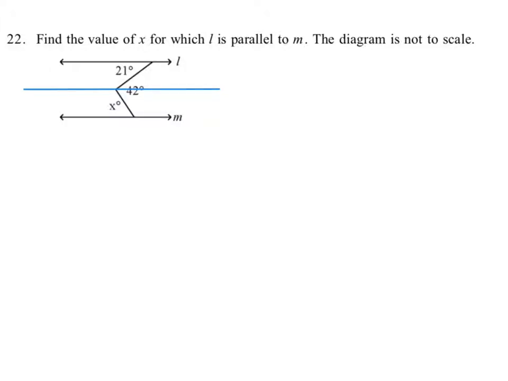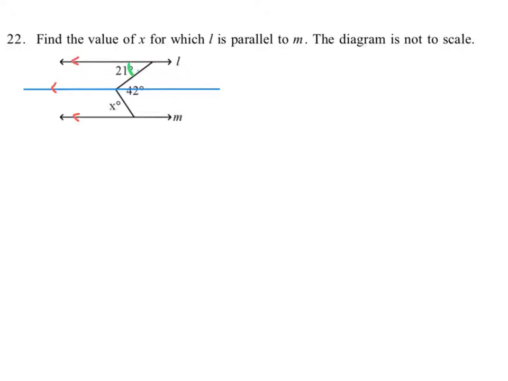Again, we're finding the value of x for which L is parallel to M. So let's say that L was parallel to M, and we went one further and said this other line that I just added is also parallel to all of them. Then if this was 21 right here, this would also be 21 right here.